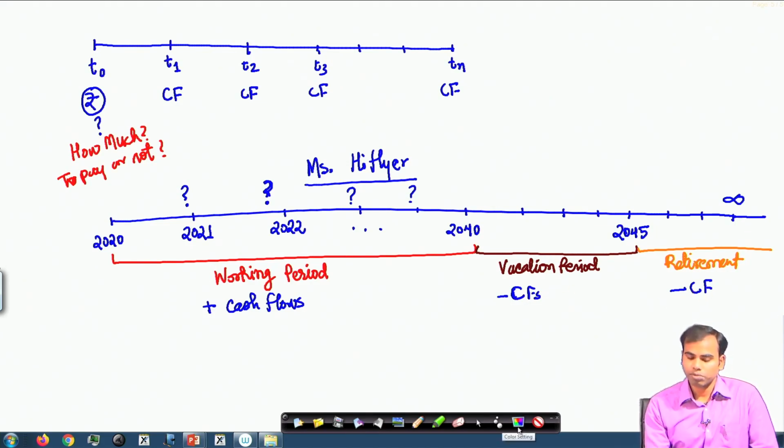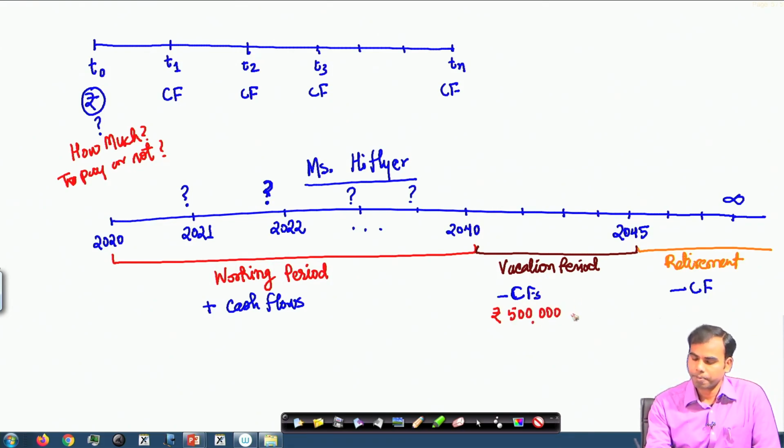So, if we put some hypothetical numbers here, let us say for the vacation period she needs 5 lakh rupees every year.